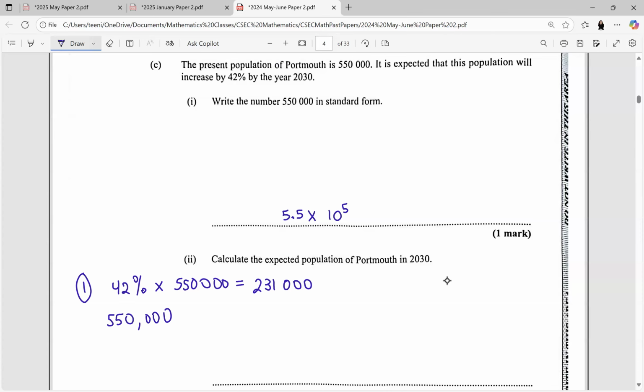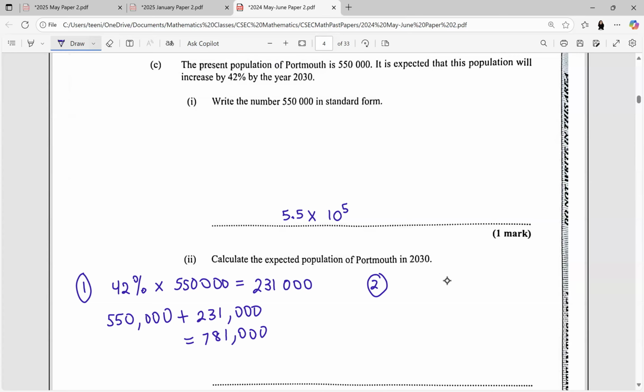That is definitely correct. 550,000 plus 231,000 would give me 781,000, right?